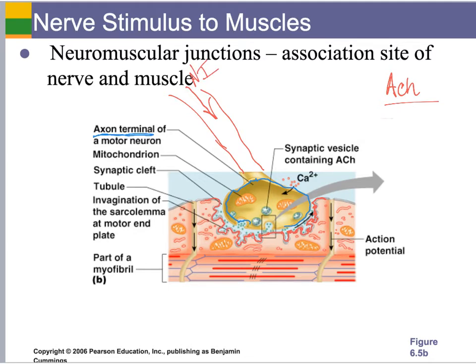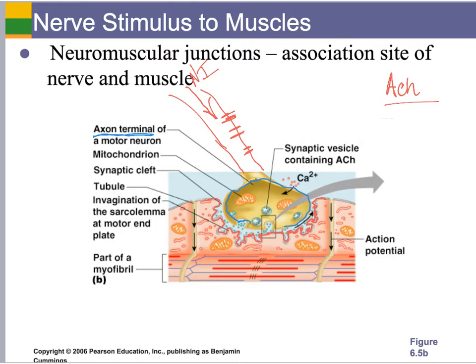As it travels down the axon, do you remember when we talked about the electrically gated proteins in the cell membrane, which open and close depending on the electrical gradient across the membrane? We have some of those in the plasma membrane of the axon. We have these gates here, which are really proteins, and when the nerve impulse travels down the axon, it's going to open these gates.